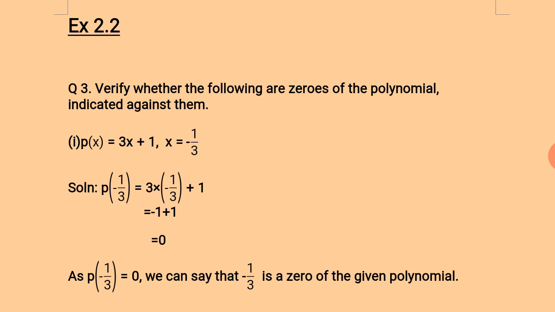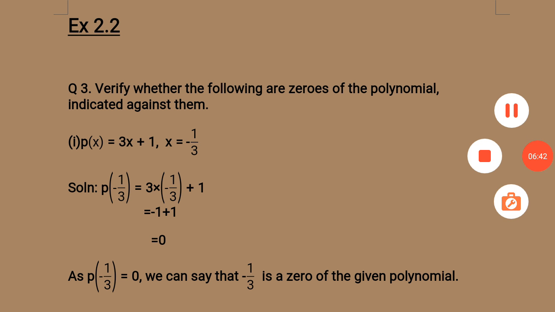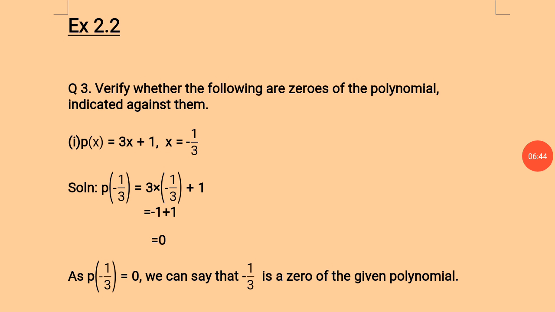Substitute, solve, get a 0. The given number is a zero of the polynomial. After substitution, if you get the answer as something other than 0, then you will say it is not a zero of the given polynomial.